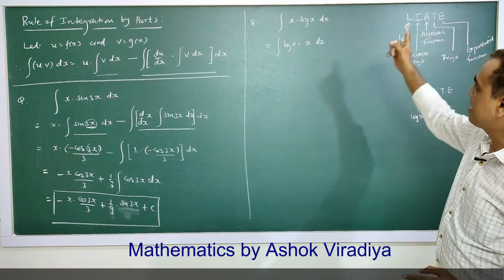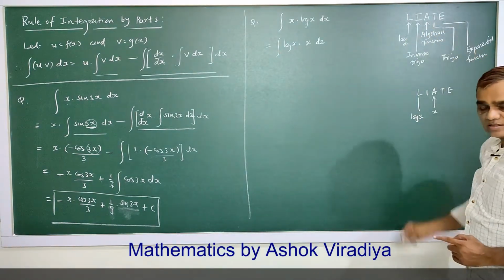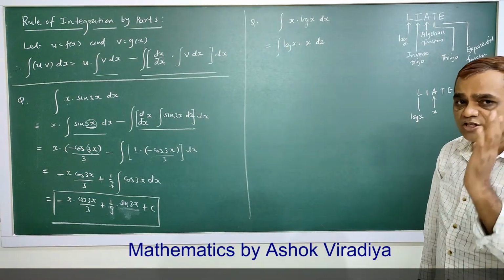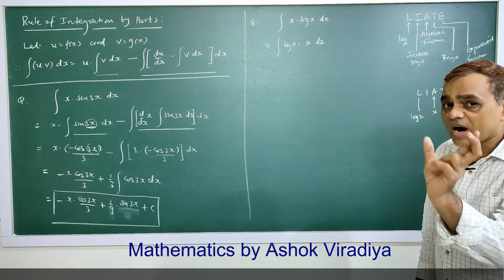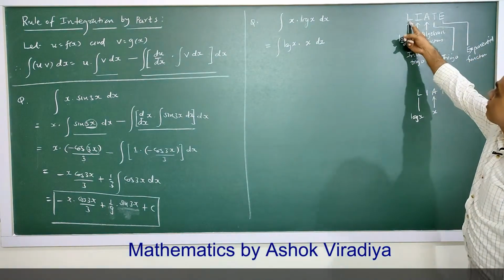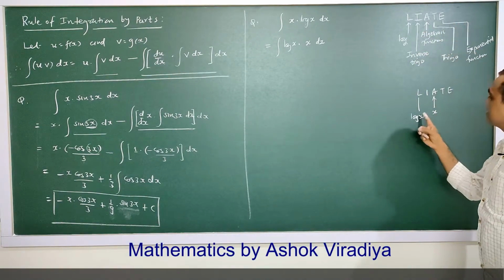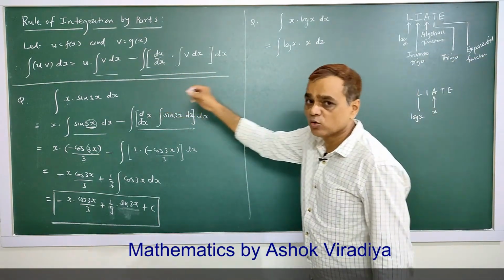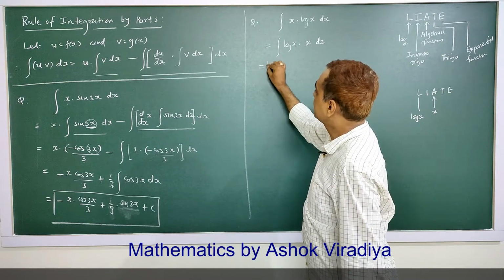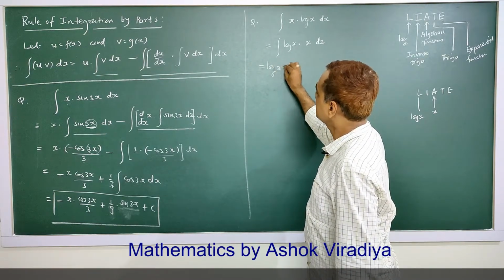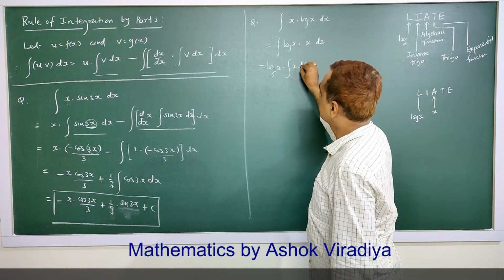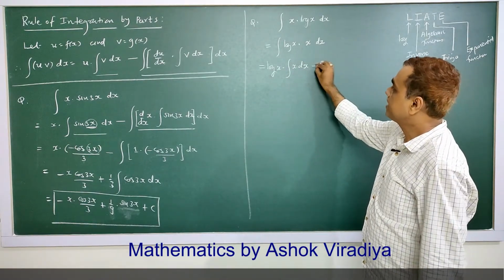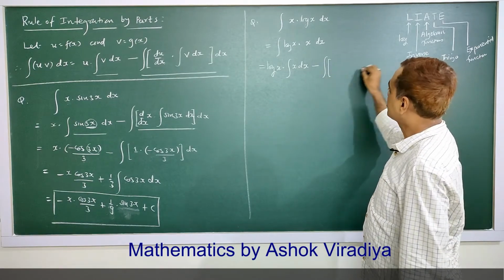So remember LIATE. Choice of u and v: choose u and v according to the sequence of LIATE. So this is u, this is v. Now applying this rule: u as it is, integral of v, minus integral of box.